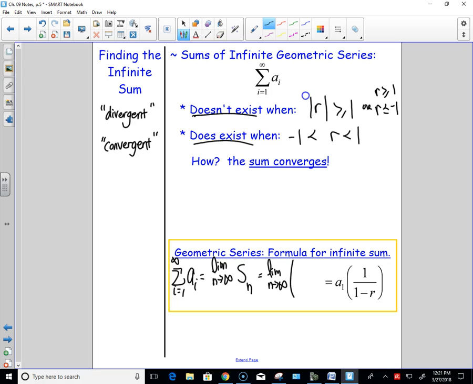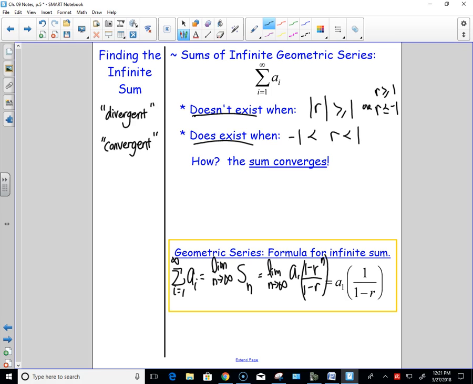So I'm going to have that part of this formula go towards infinity. And s sub n's formula is a sub 1 times 1 minus r to the n all over 1 minus r. And as we talked about, if r is less than 1, greater than negative 1, and we did examples of it, what's going to happen as you keep on raising those 0.3s, 0.75s, 0.99s to higher and higher powers?